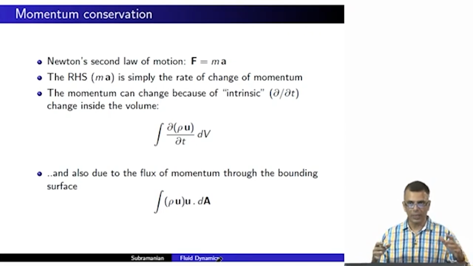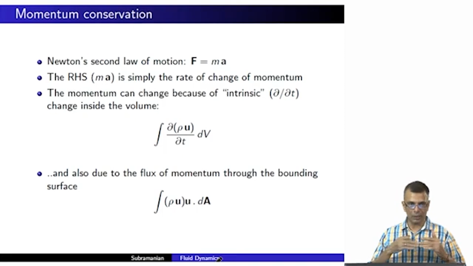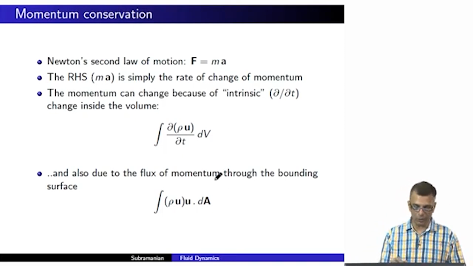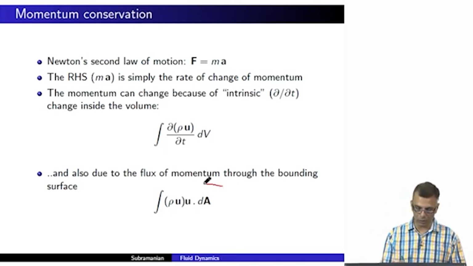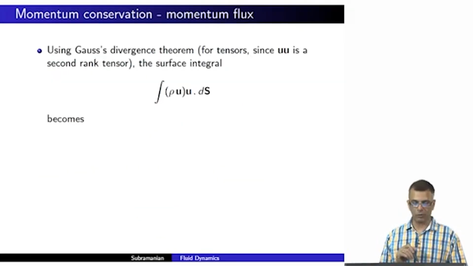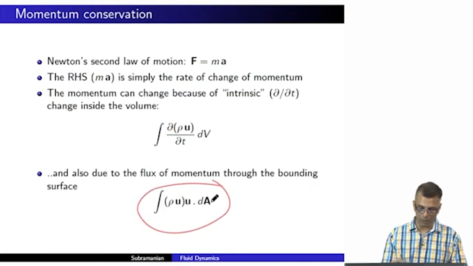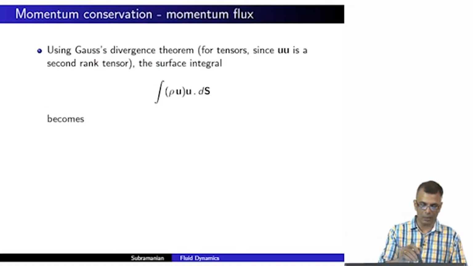There's a bounding surface and there's a flux of momentum through the bounding surface, either outside or inside, and then what you do is you do an integration over the surface element, right? And you add both of these up. Just like the surface integral, I beg your pardon, here I'm calling a surface integral element dA, and here I'm calling it ds.